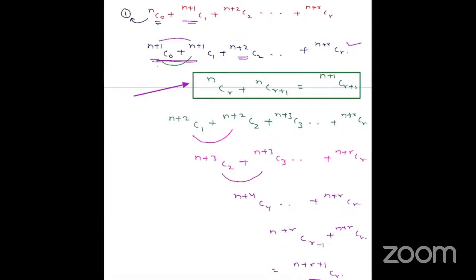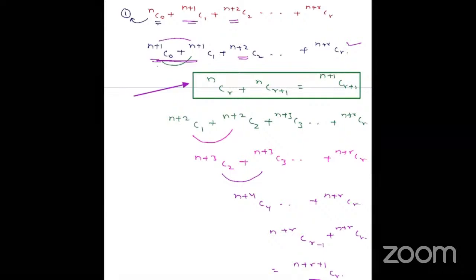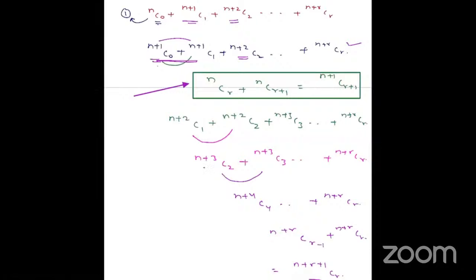Now n plus 2 C1 and n plus 2 C2 will become n plus 3 C2. Now n plus 3 C2 and n plus 3 C3 will become n plus 4 C4 and so on. So I'm applying the same formula going up to the last term.